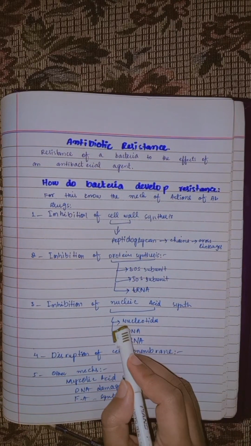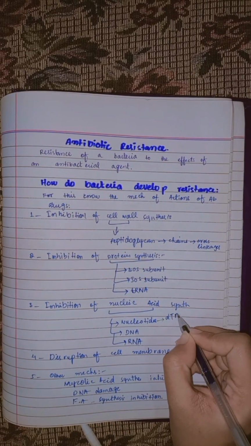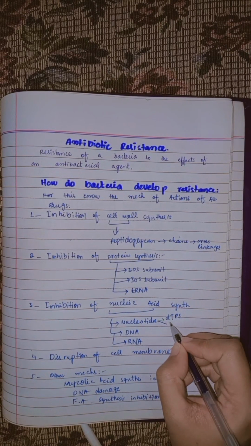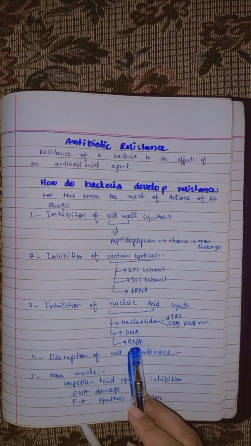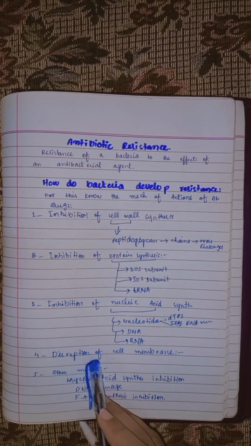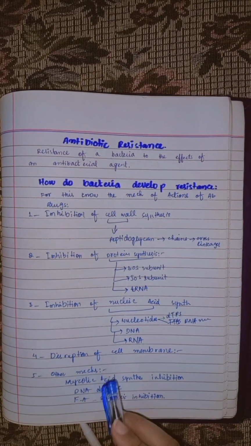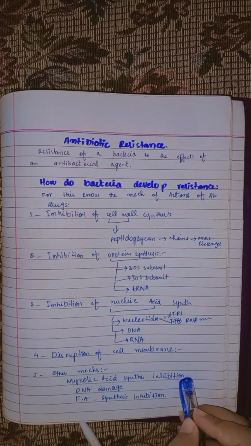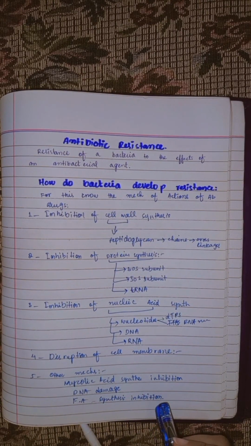Nucleic acids include nucleotides, DNA, and RNA. So, nucleotides include DNA nucleotides and RNA nucleotides. Then we have disruption of cell membrane and other mechanisms. Other mechanisms include mycolic acid synthesis inhibition, DNA damage, and fatty acid synthesis inhibition.